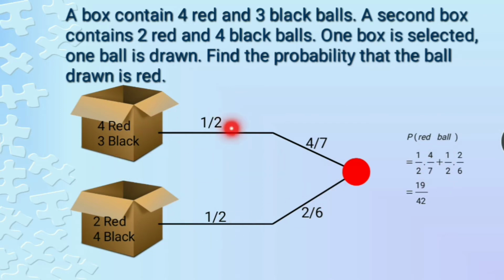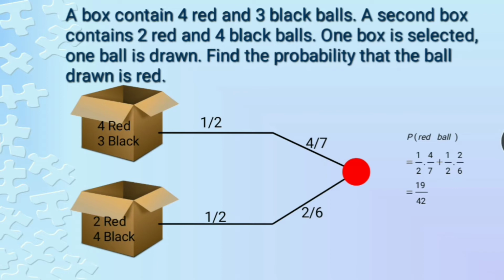This thing will happen and then this thing will happen, so it's multiplication here. Or the second box is chosen and the red ball is drawn, so multiplication is there. So the total probability of a red ball is given by this formula. You multiply these two and then multiply these two. So this is the probability of finding a red ball.